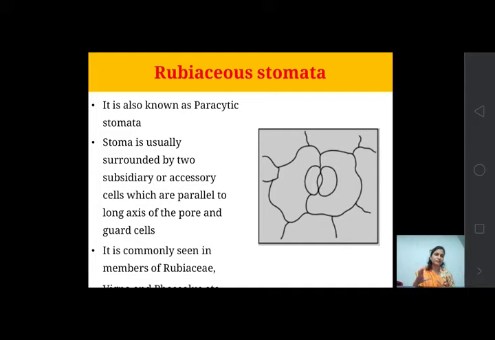So again, the key point of the rubiaceous stomata is that two subsidiary cells are present parallel to the axis of the pore or the guard cells. So parallel is the keyword, and on the basis of that keyword, hence the name paracytic.